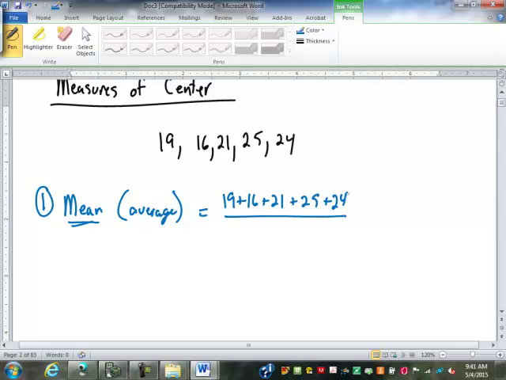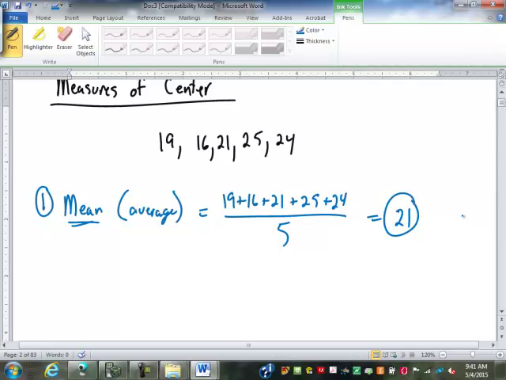Divided by, and then we divide by how many there are. There are how many numbers in this list? 5. So if we add those up, what do we get? We get like 105 divided by 5 is 21. Is that what you guys get? Somebody punch that in and double check me.